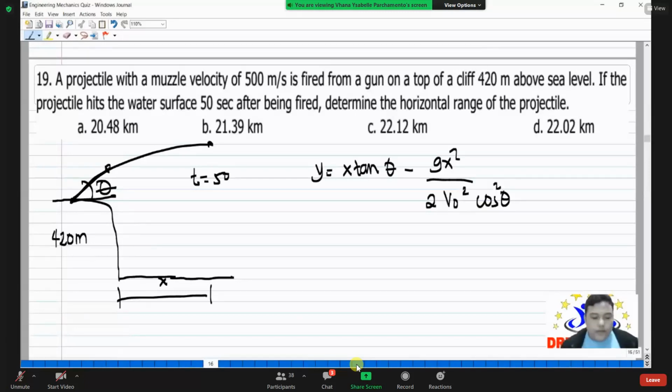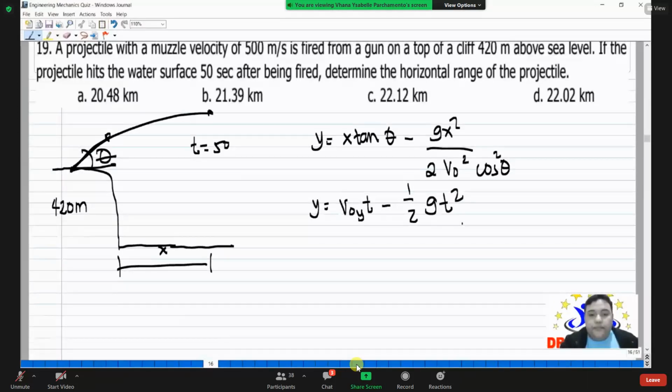So pwede yan, pwede rin yung ating in terms of y. So that is y is equal to VOY times yung ating time, VOY t minus 1/2 g t squared. Pwede rin ito.